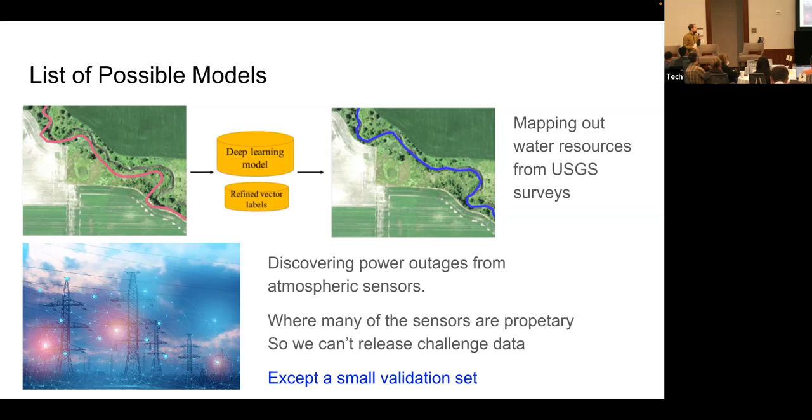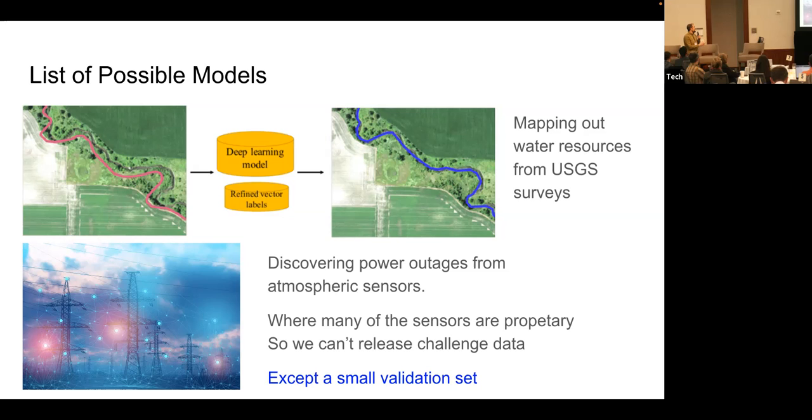So here are two that we discussed last night. The top one is from Xiao Wen from the iGuide. So the idea here is you have all this public USGS data, satellite images, and the left here is a river, and the purple is the first attempt at trying to find the river, and you can see it's not aligned.